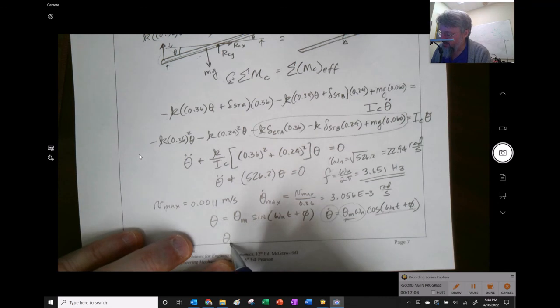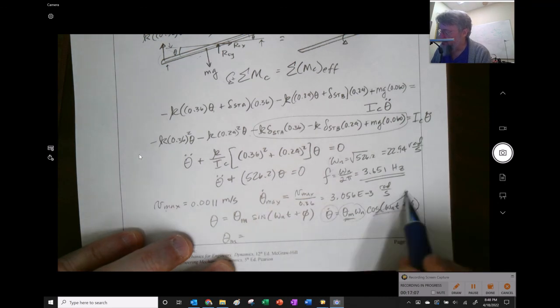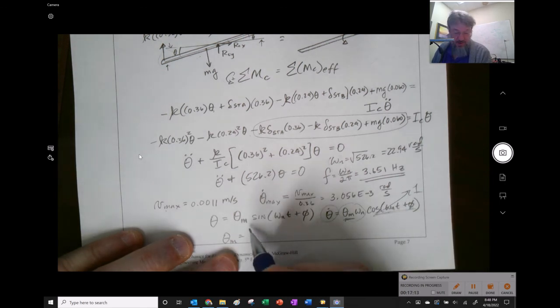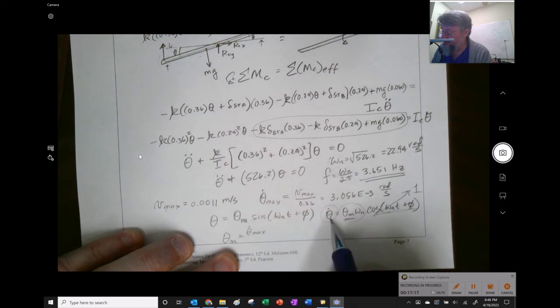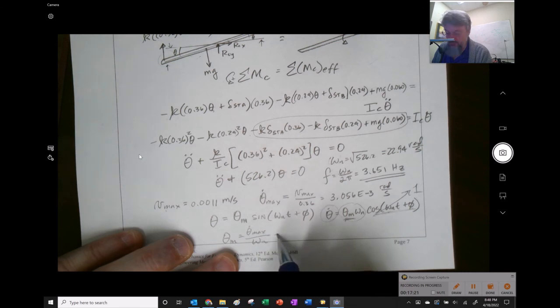So that means, because this right here will be 1 when this thing becomes a maximum, we would have theta dot max, which is this guy right here, divided by the natural frequency.